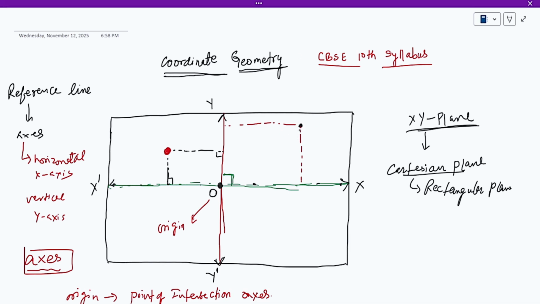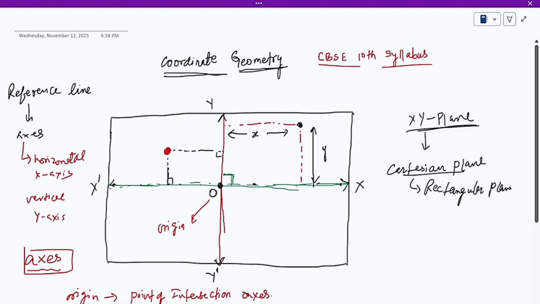Over here you can see that this point is this much distance from the x-axis. This is the distance from the x-axis, which is in the direction of the y-axis. So the distance from the x-axis we call the y component. And this is the distance from the y-axis, which we call the x component or x coordinate of the point.